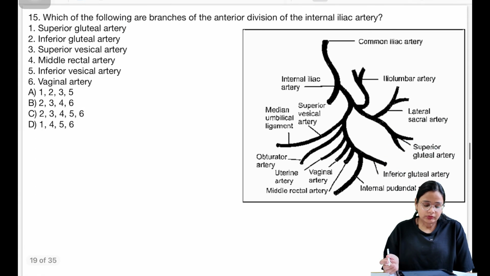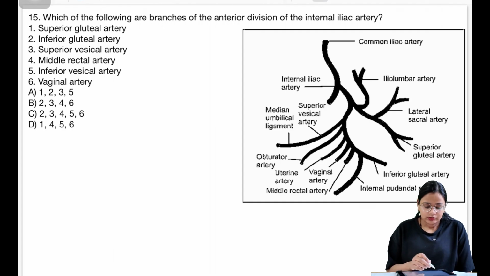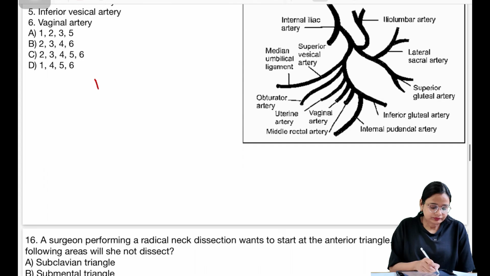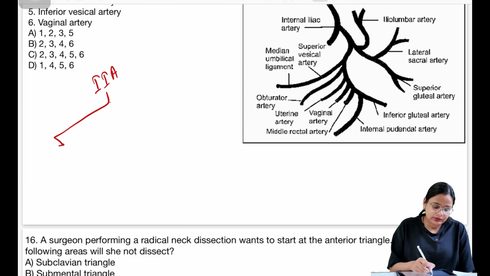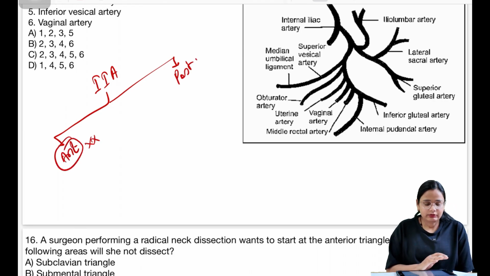Question 15: which of the following are branches of anterior division of internal iliac artery? Simply, internal iliac artery has two parts, anterior division and posterior division. I will suggest don't remember anterior division branches, just remember posterior division branches and you will solve all questions.